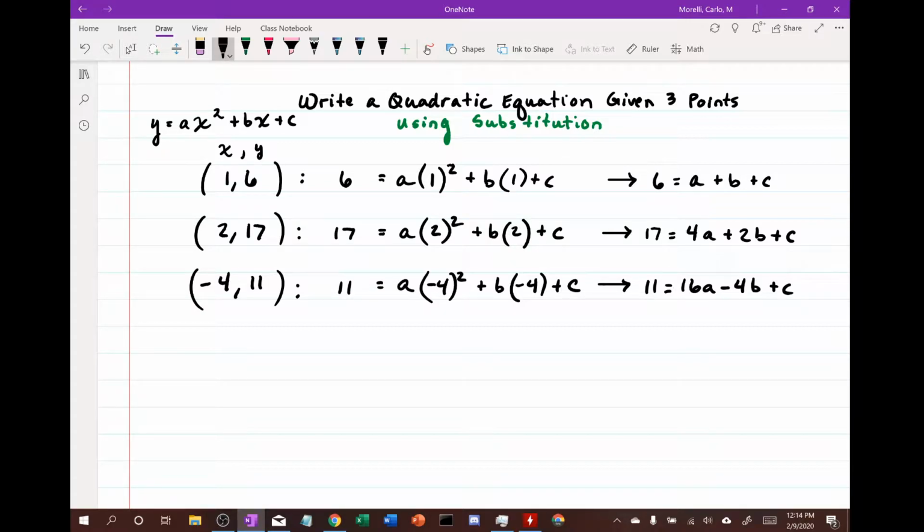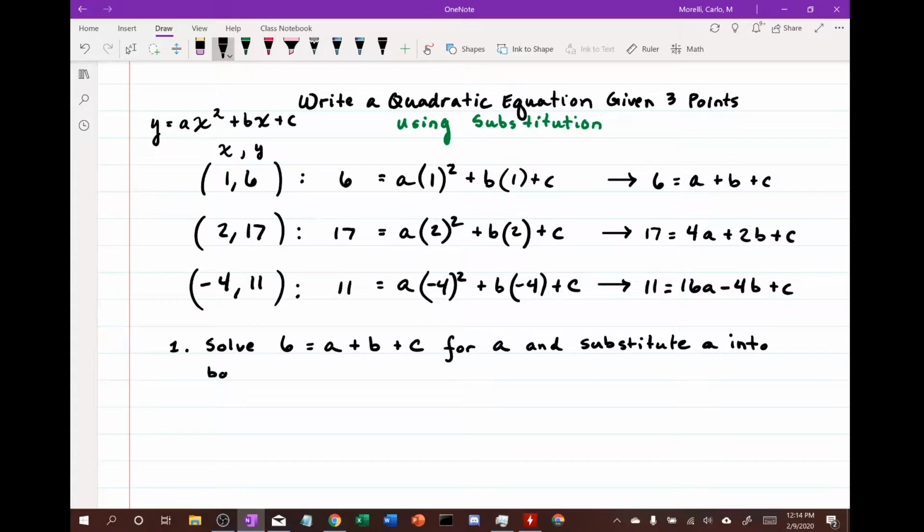Now, what I'm going to do now is solve 6 equals A plus B plus C for the value A and substitute A into both remaining equations. Okay?